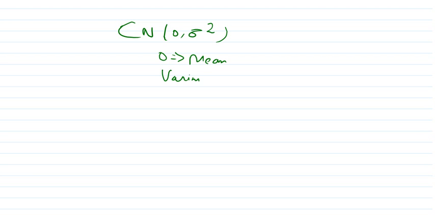It is represented as N(0, sigma squared), that is, the mean is 0 and the variance is sigma squared. So this is an example of a random signal.